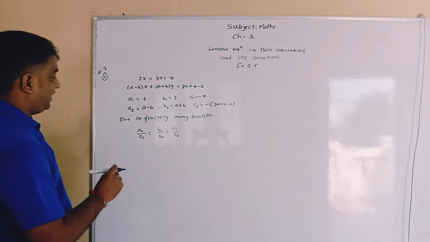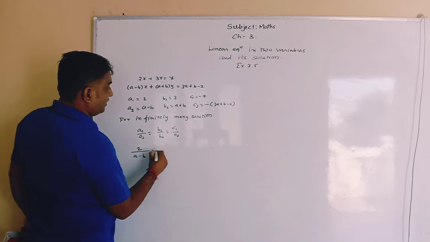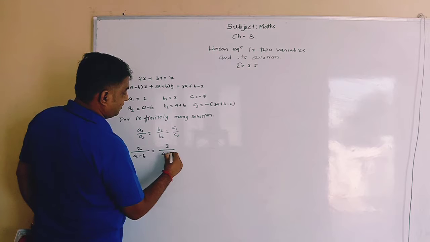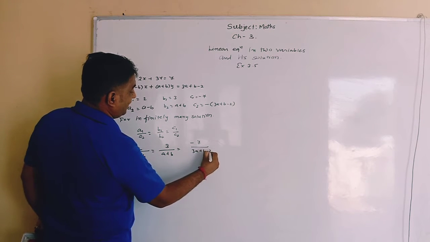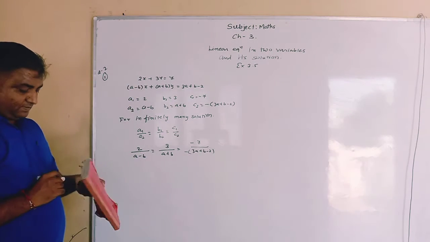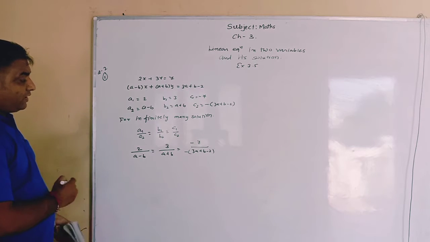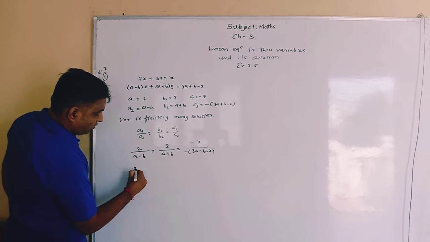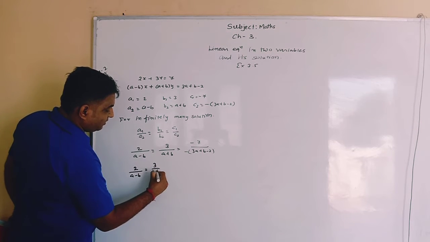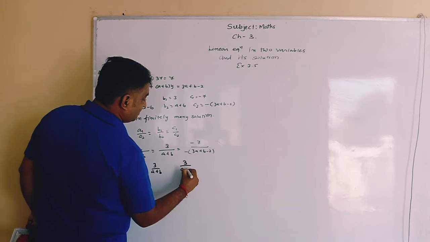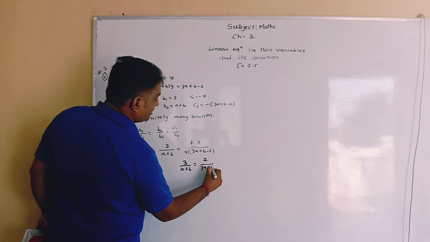And so we can write 2/(a - b) = 3/(a + b) = 7/(3a + b - 2), where the minus signs cancel. So we compare two equations here: 2/(a - b) = 3/(a + b), and 3/(a + b) = 7/(3a + b - 2).